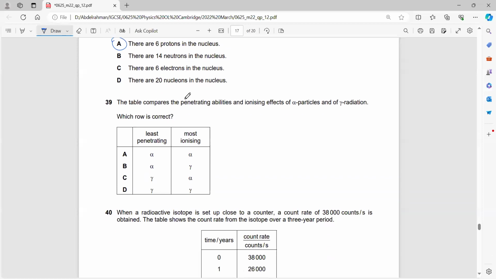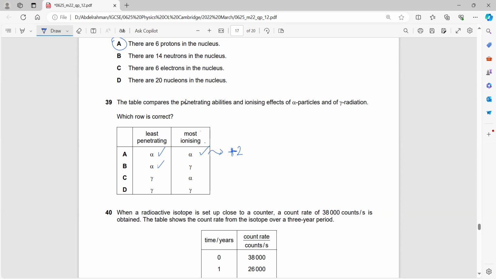The least penetrating and the most ionizing. Which of these is the least penetrating and which of them is the most ionizing? The least penetrating is alpha. Yes, it is. The most ionizing is also alpha. Why is it the most ionizing? Because it has a positive charge of 2.